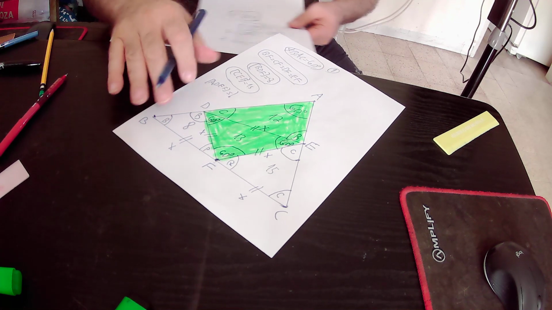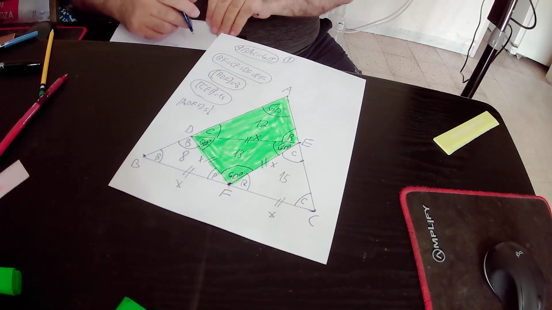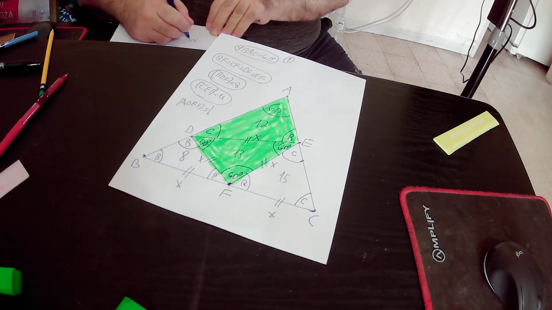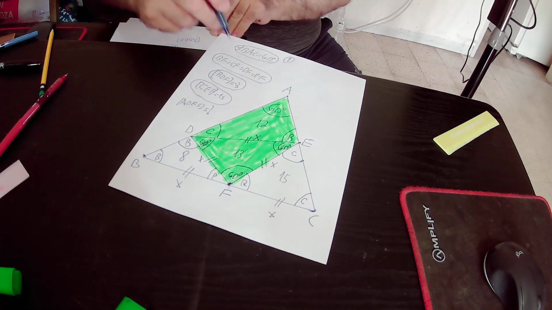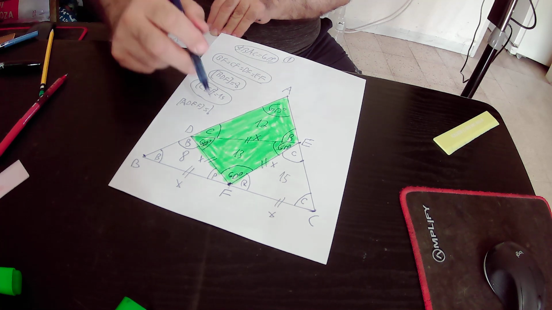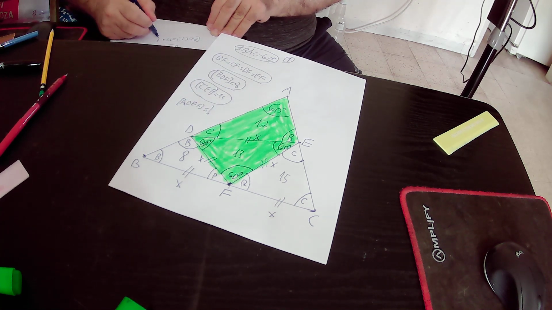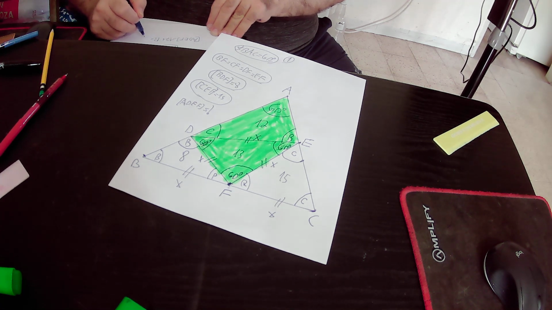Therefore the area of the green shape, or the area of quadrilateral ADFE, is actually equal to the area of triangle ADE, that is 12 square units, plus the area of the equilateral triangle, triangle DFE, that is 13 square units, or 12 plus 13 is 25 square units.